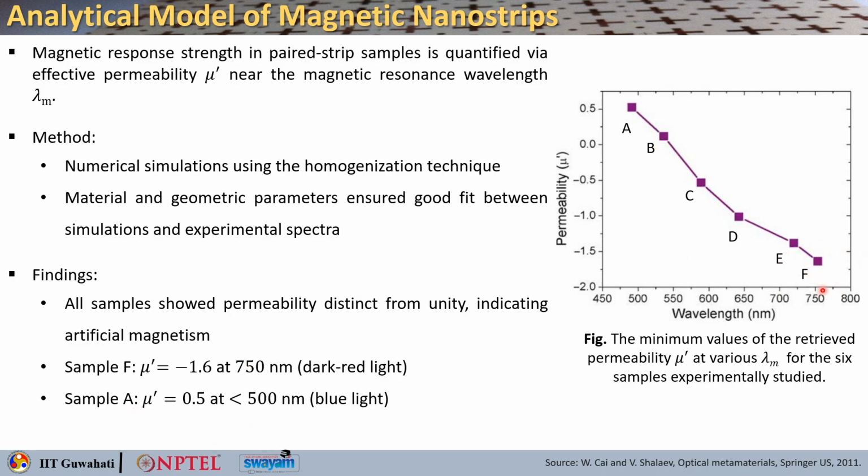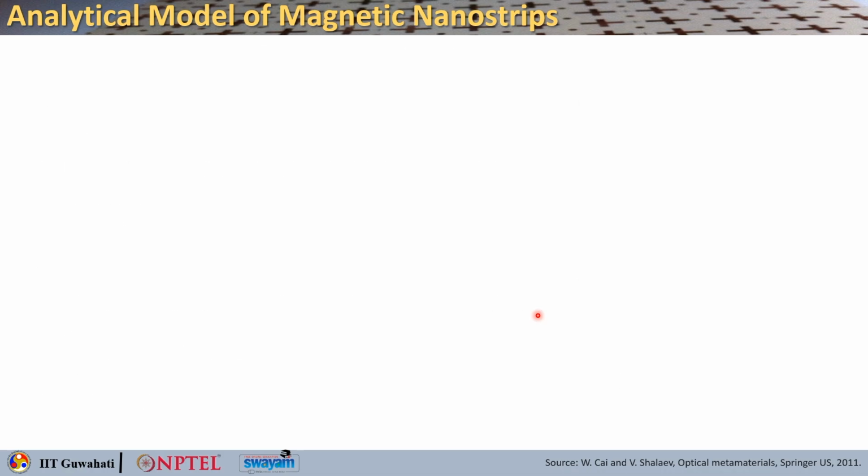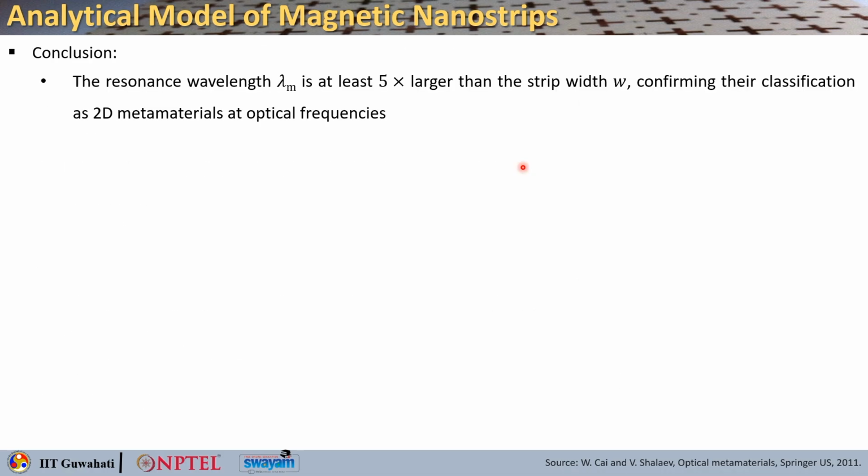So, you can get negative permeability as well, and you can get permeability very different from 1 at 2 different wavelengths just by changing the width of the metallic nanostrips. So, to conclude, you can say that for all the samples the magnetic resonance wavelength lambda m is at least 5 times larger than the strip width w.